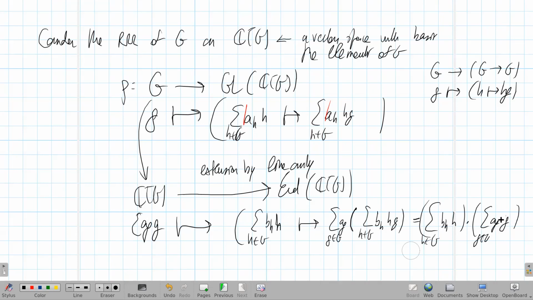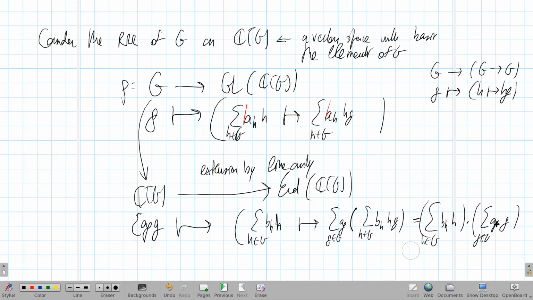Because the way you do a product of two elements of the group algebra, you multiply the group elements and then you distribute. So if you do this, you obtain all products HG, and then you have these coefficients that they have regrouped. Of course, AG and BH are complex numbers, so I can easily exchange them.